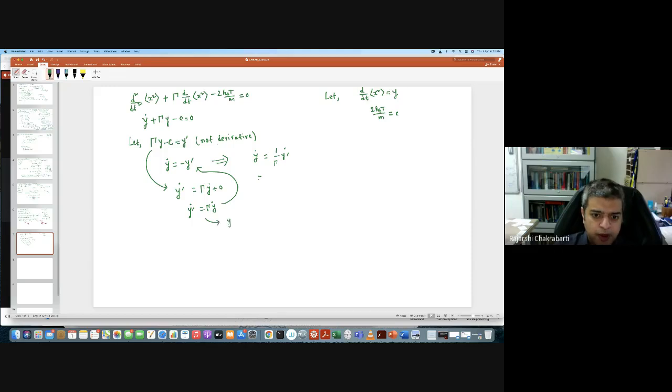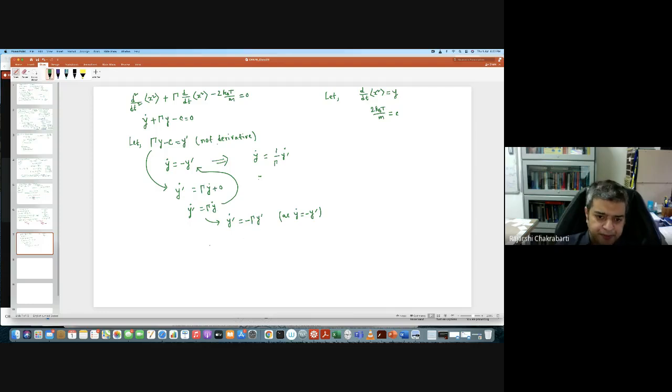So this is y prime dot equal to gamma y dot. But y dot is what? Y dot is minus y prime. So it is minus gamma y prime. Is this clear? Because y dot equals minus y prime. This is fine, no?